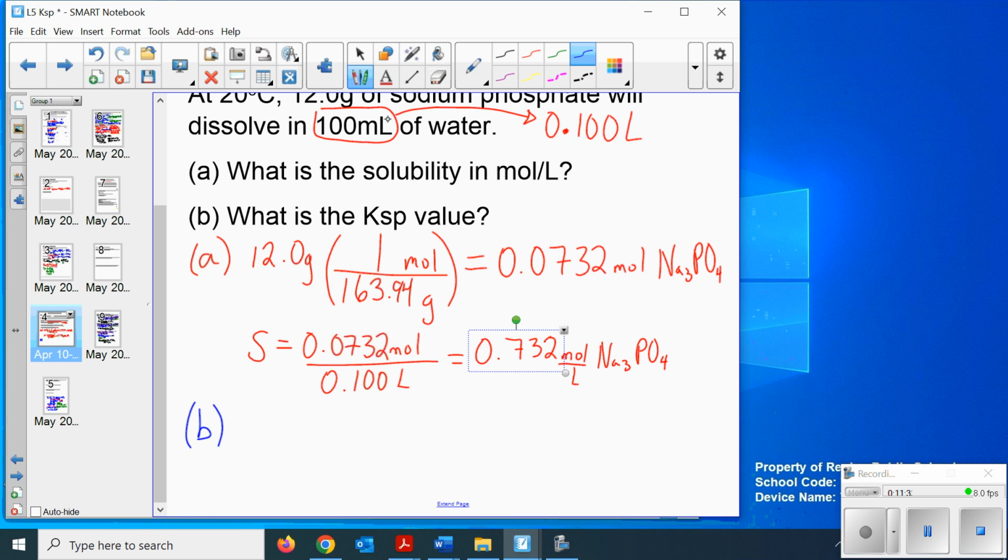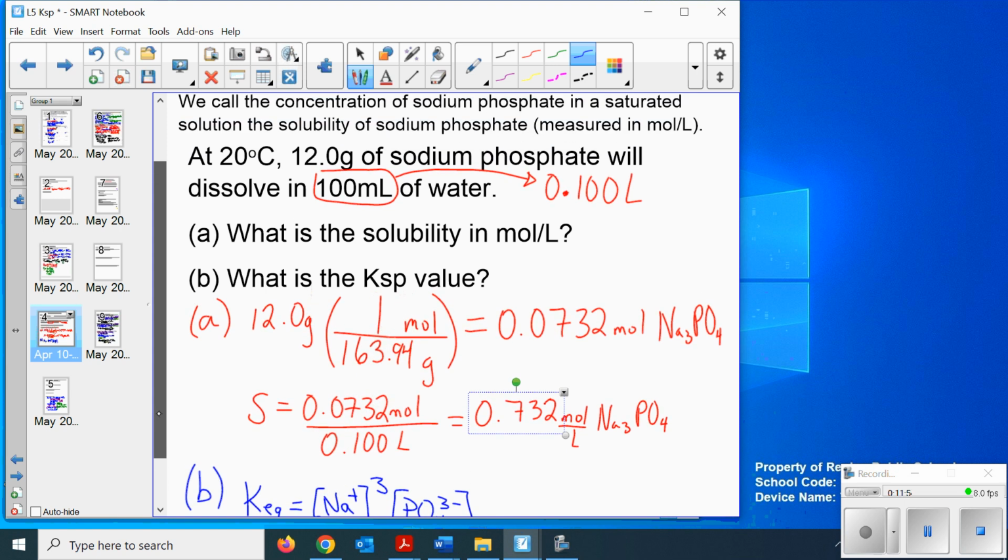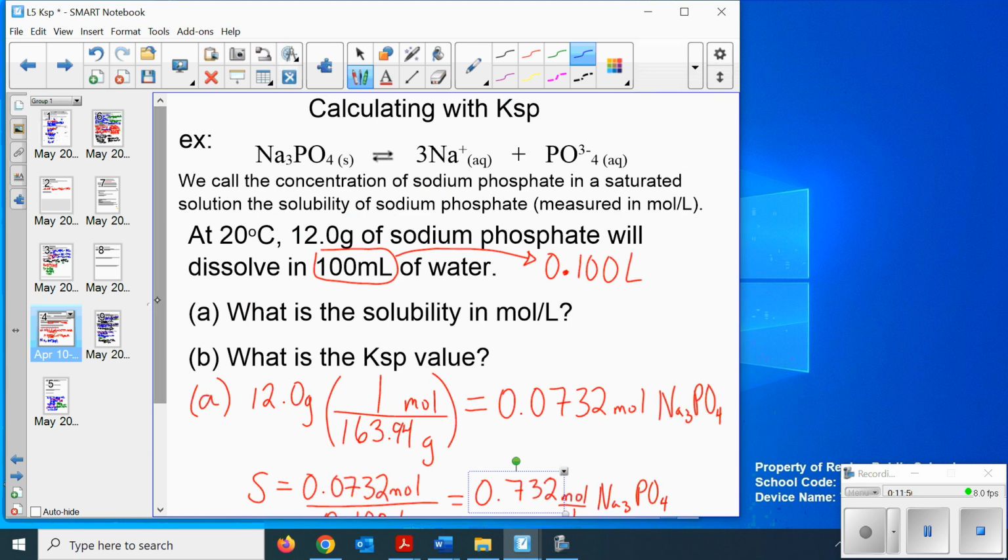But first, let's say Ksp. Put my aqueous items in there. This is what we were doing yesterday. And I'm going to slide up and just take a look. If you want and it helps you, you don't have to do this.